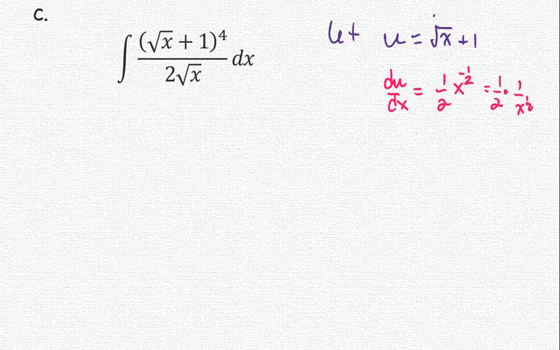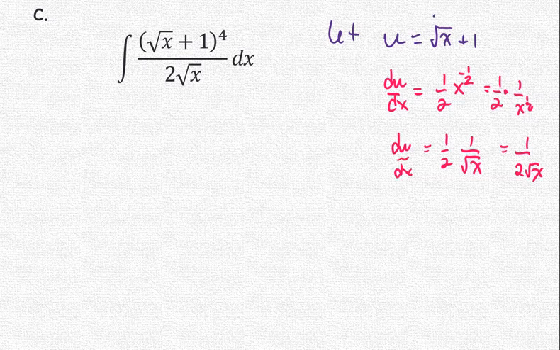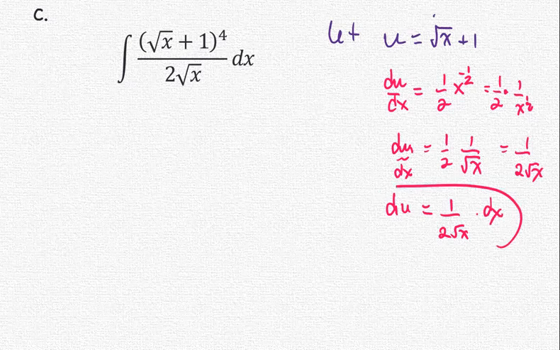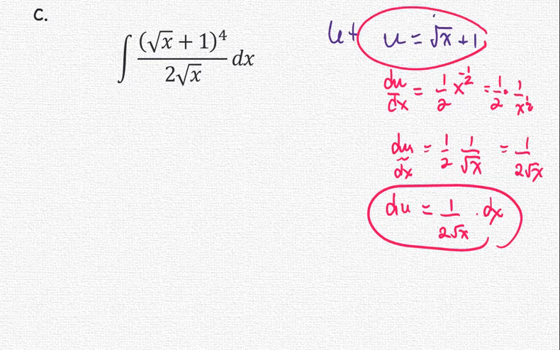This is multiply. And again, the positive power 1/2 is the same as the square root. Now it's simplified to be 1 over 2 square root x as a derivative. Okay, as a derivative, we're gonna need the differential, not the derivative. Differential is the derivative multiplied by dx. So this is the one that we're gonna use.